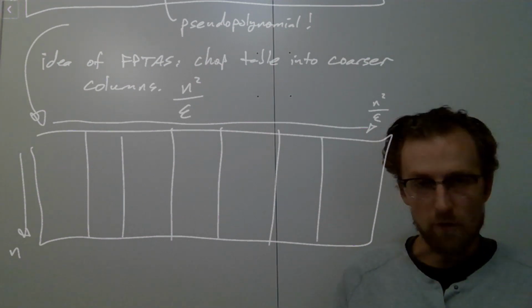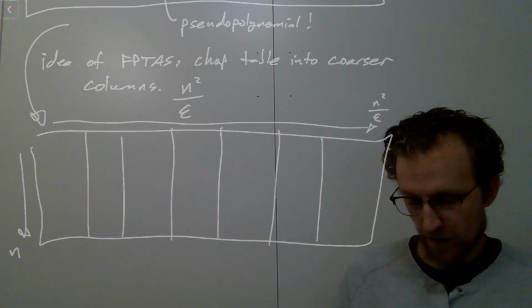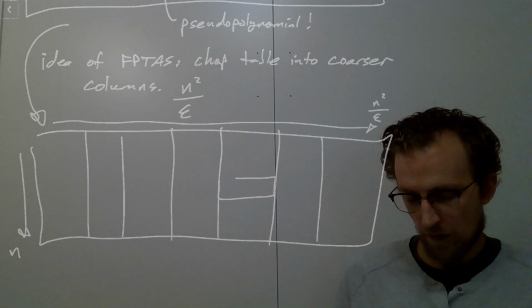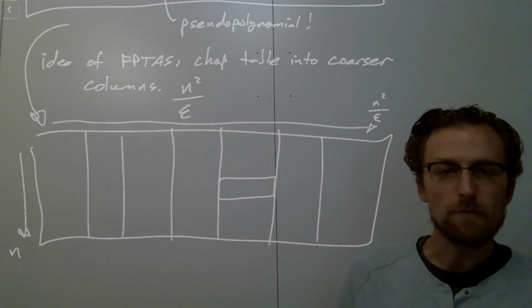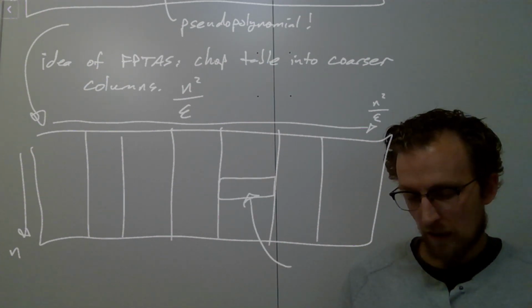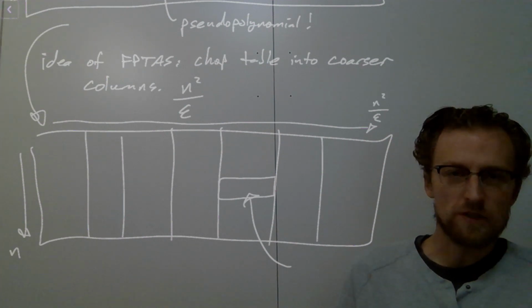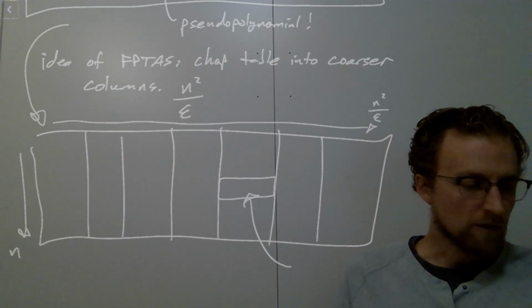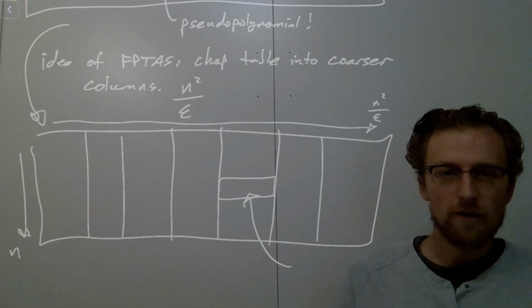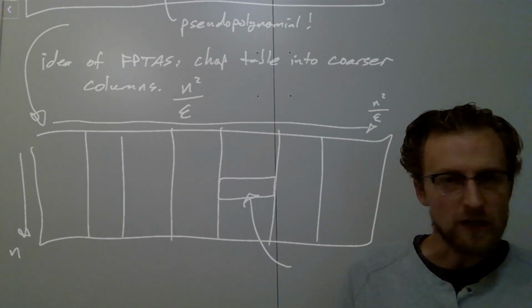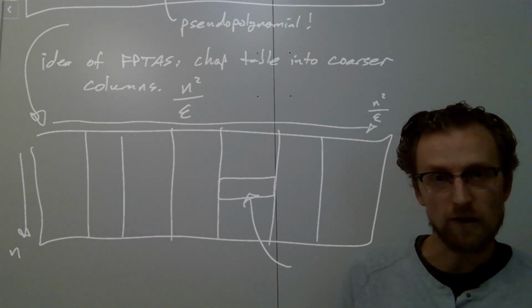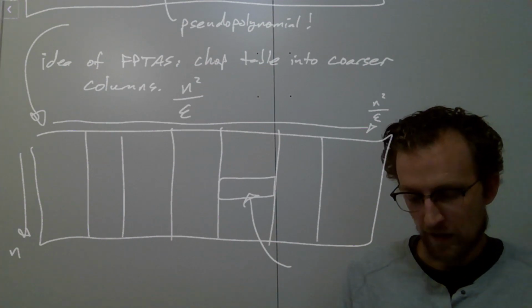And so it turns out, and I'm not going to go into any of this detail, that you can infer something about the optimality of a solution by looking at a particular cell in this coarse table. Essentially, the value that you can obtain here is greater than the value you could obtain with something else, and so you can use that to develop your FPTAS bound.